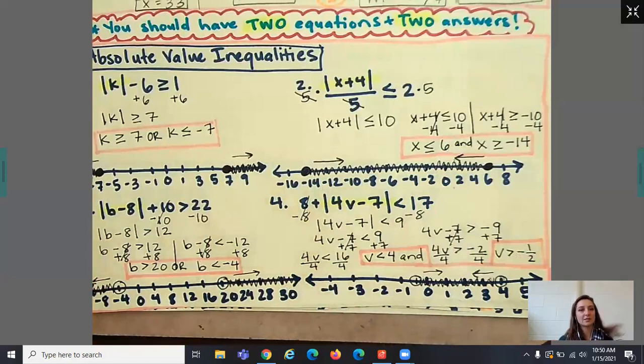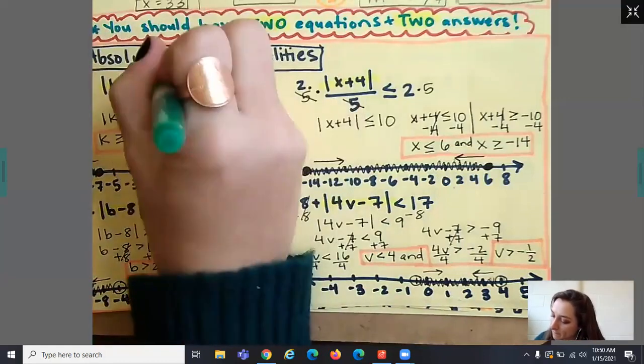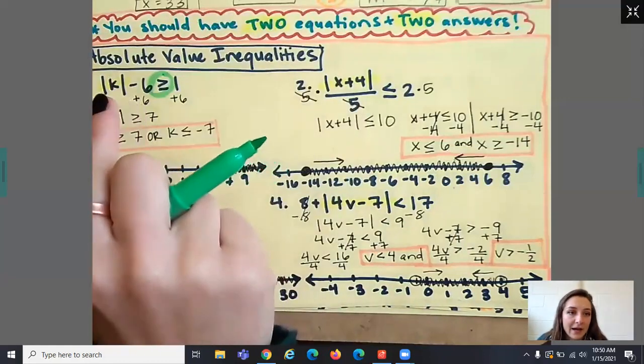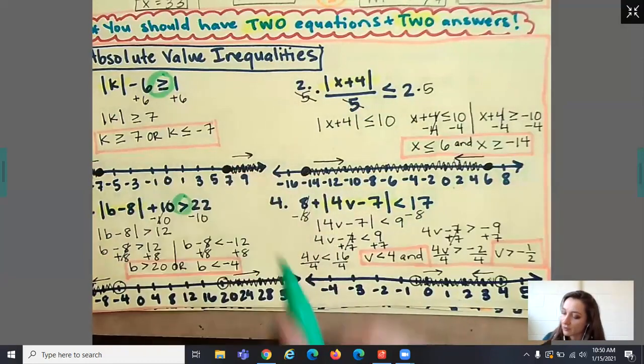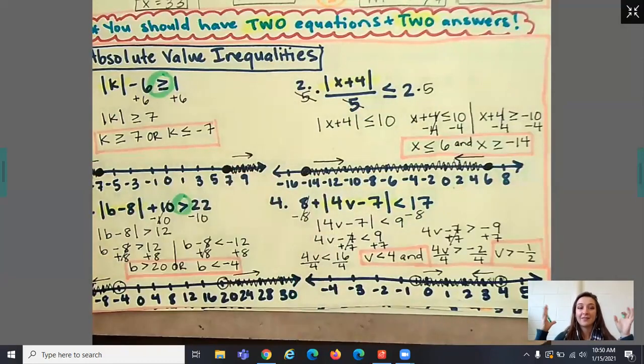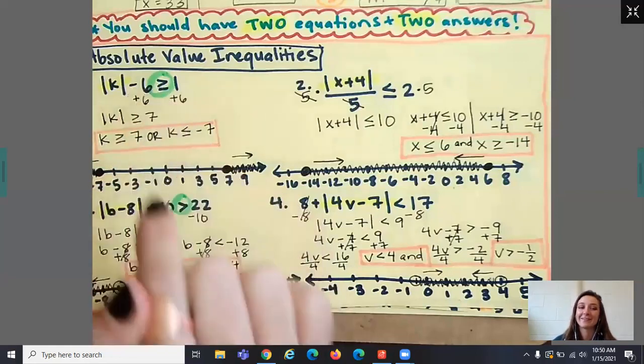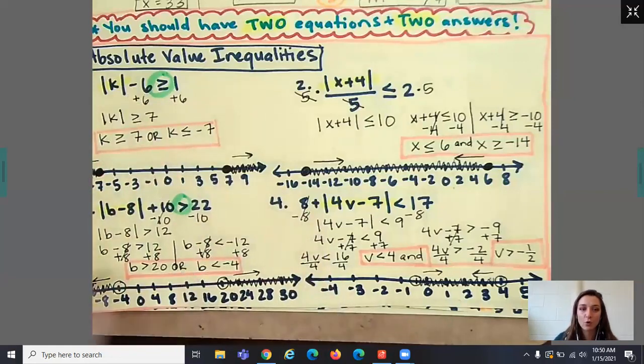Another way you can look at this is to look at the original problem. The absolute value is greater than. This one was also greater than. Anytime you see a greater than, that's greater or, so we had our ors.